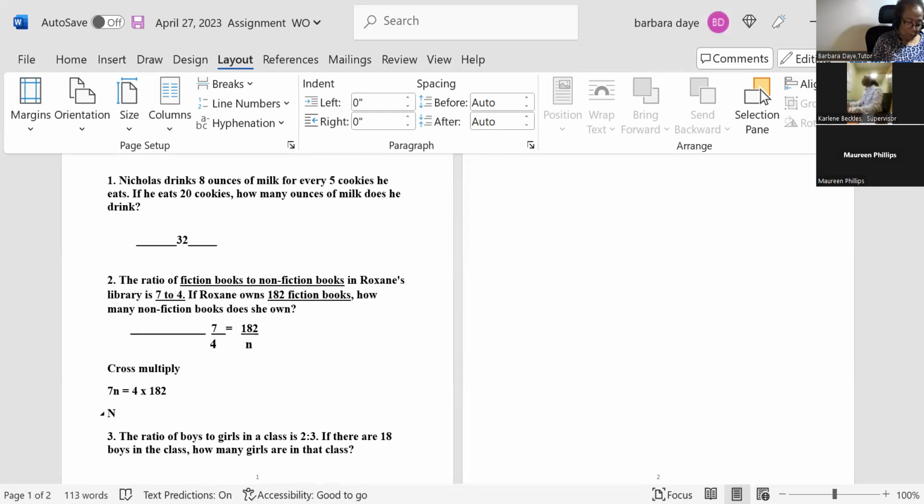So then n would be equal to, let's see, 4 times 182, 728, right? And that's divided by 7.